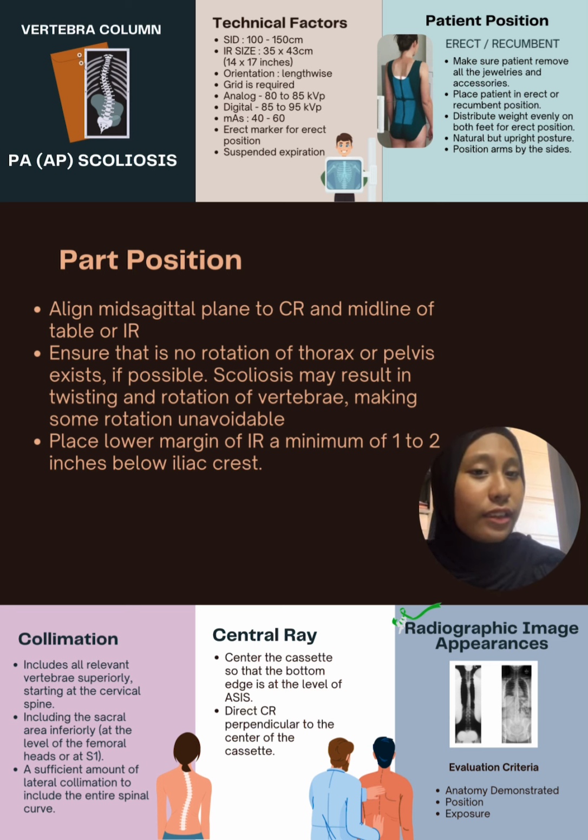Scoliosis may result in twisting and rotation of your vertebra, making no rotation unavoidable. And lastly, please place the lower margin of image receptor a minimum of 1 to 3 inches, about 3 to 5 cm, below the patient's iliac crest.